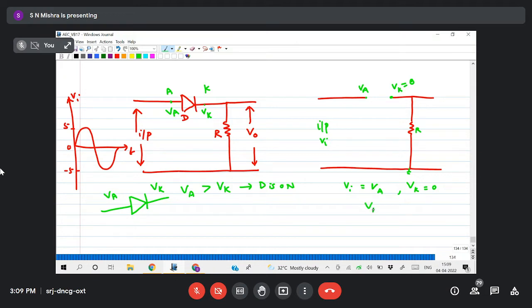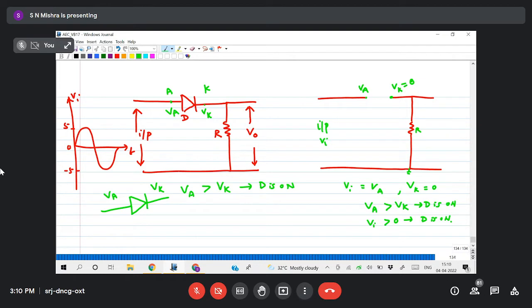Now Va should be greater than Vk, then the diode is on. So Va equals Vi, which should be greater than 0, then the diode is on. Initially we know whenever we give the positive half cycle the diode will be on, but in this condition also you can find out the diode is on.